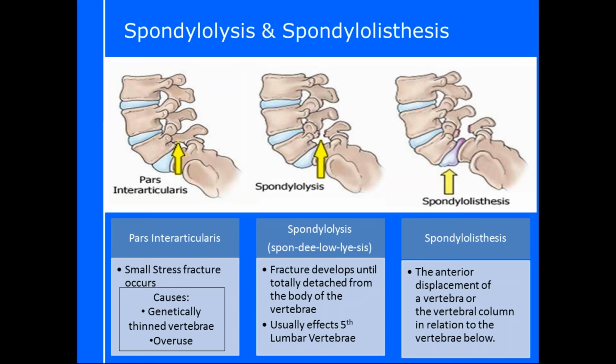Now, these guys, in order to get fixed, are going to need an operation unless they are asymptomatic and strong enough to hold it just off the tendons and ligaments and muscles. But generally this will be bolted, so it will get pinned back together. Generally they'll fuse as well, so they'll take out that final intervertebral disc. You see that on the spondylolisthesis.